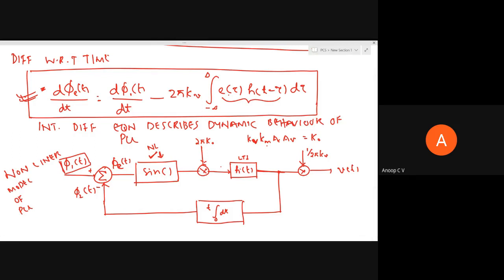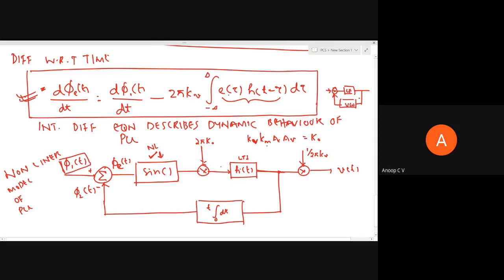So now from this, how to get linear model of PLL? We can approximate it to a linear model of PLL. So initially the model which we have seen, a product, and a loop filter and a VCO, right? This was our mathematical idea.